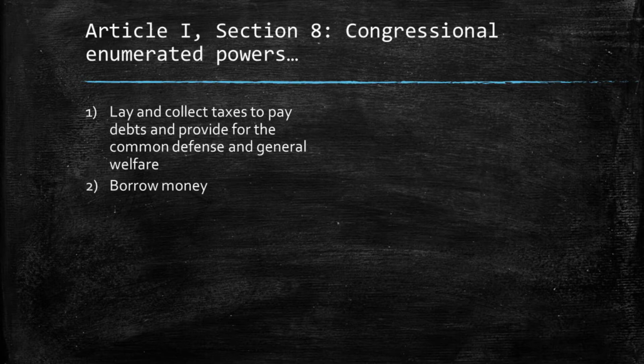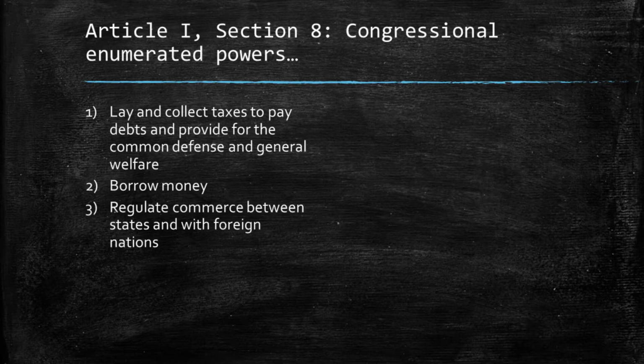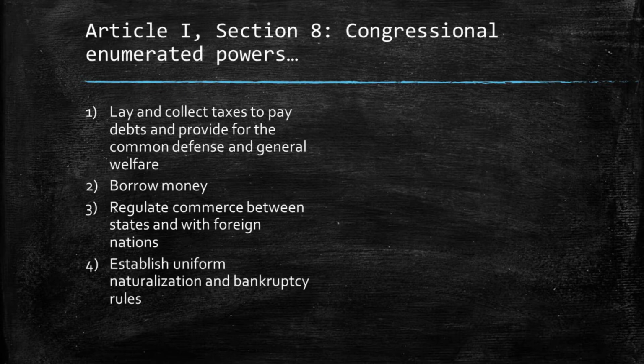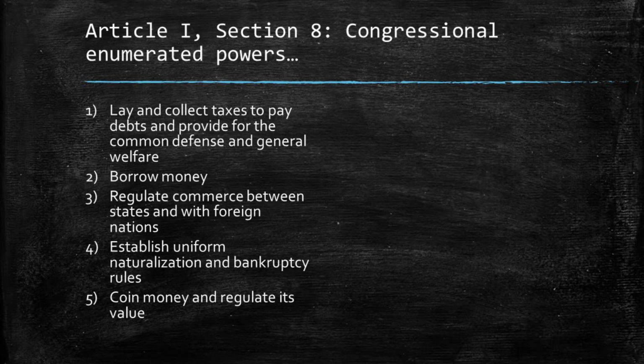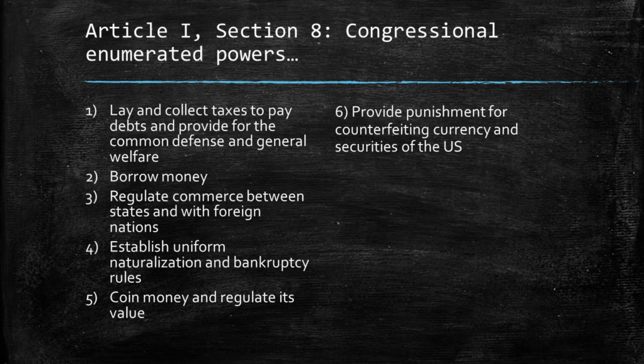They can borrow money. They can regulate commerce between the states and with foreign nations. They're able to establish uniform naturalization and bankruptcy rules. They're able to coin money and regulate its value. They are able to provide punishment for counterfeiting currency and the securities of the United States.